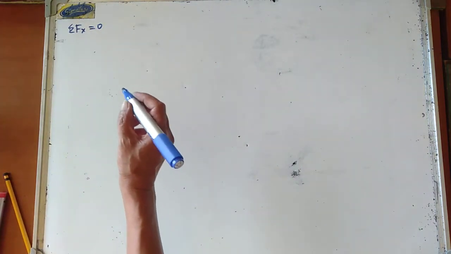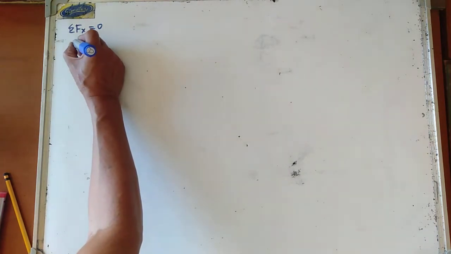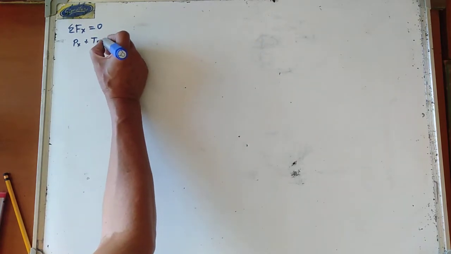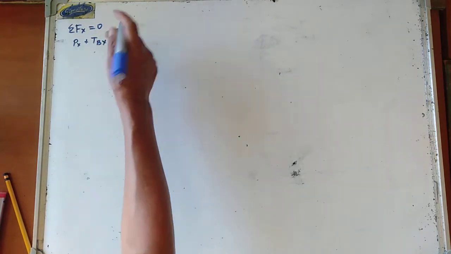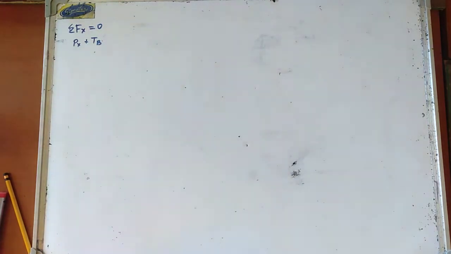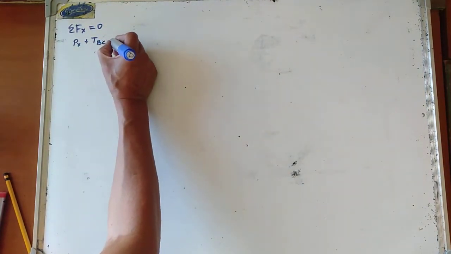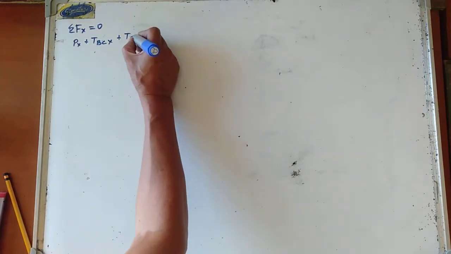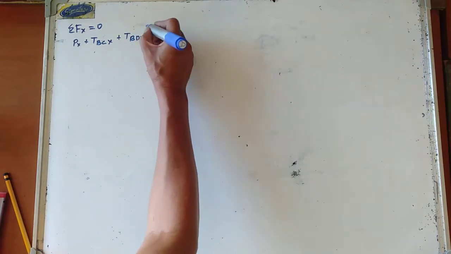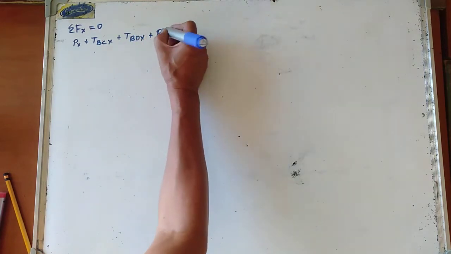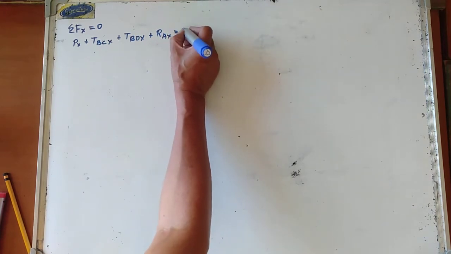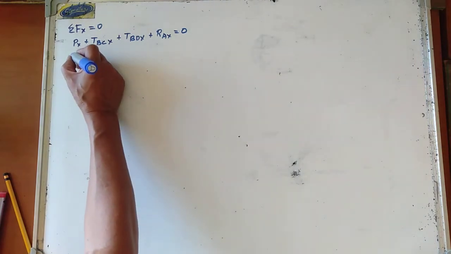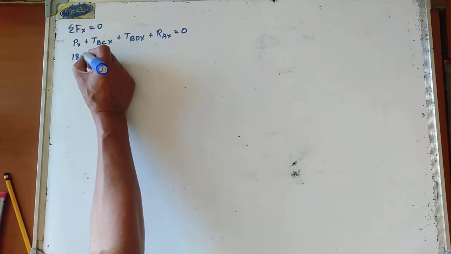So we have PX plus TBCX plus TBDX plus RAX is equal to 0. Now, your PX in here is equal to 18.